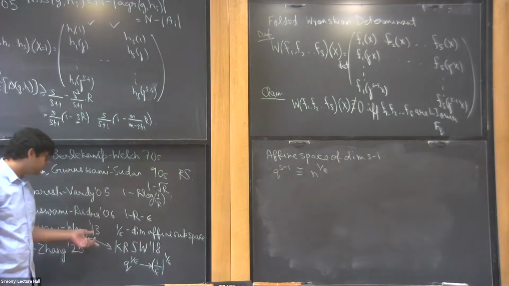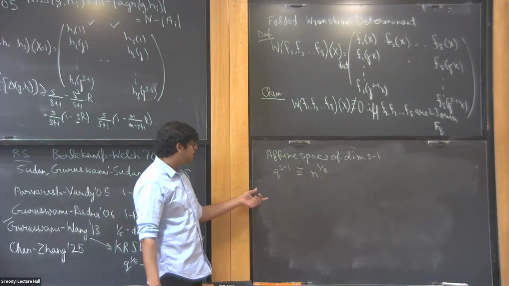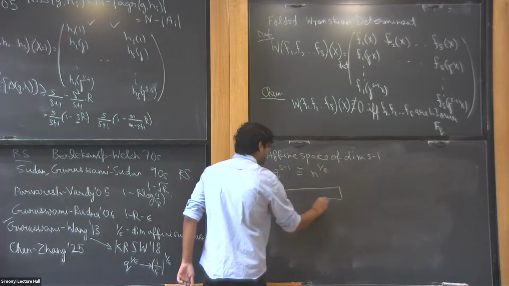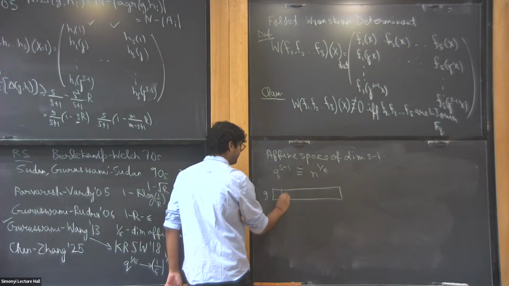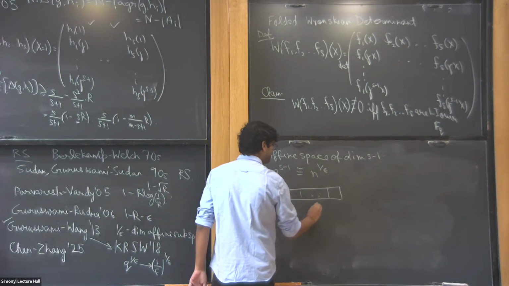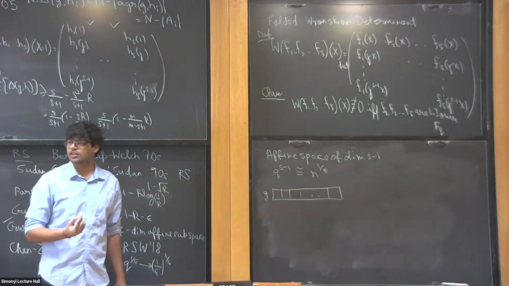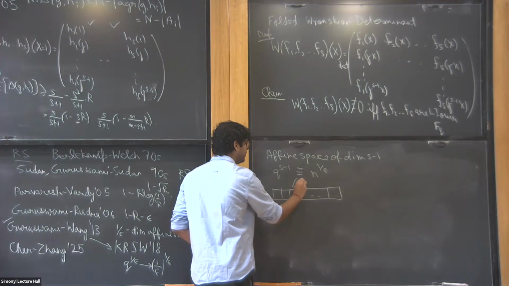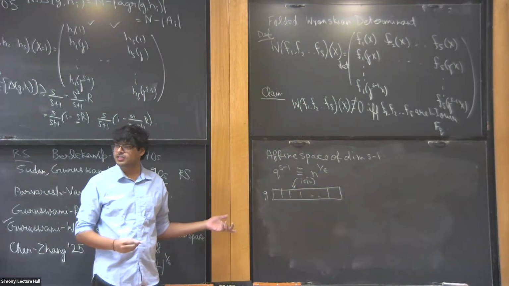So what KRSW did was, they look at this affine subspace, and G is still in my hand. In fact, their argument works for an arbitrary linear code. Just pick a random coordinate I and hope that this is correct.